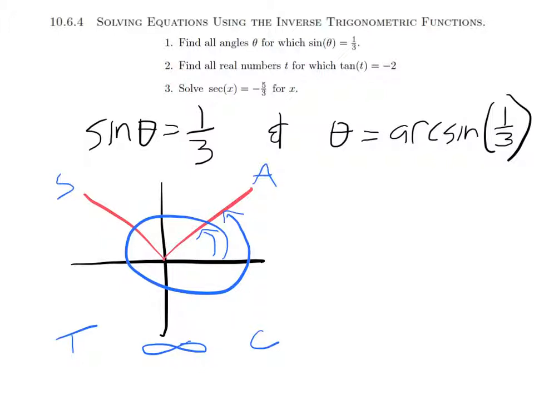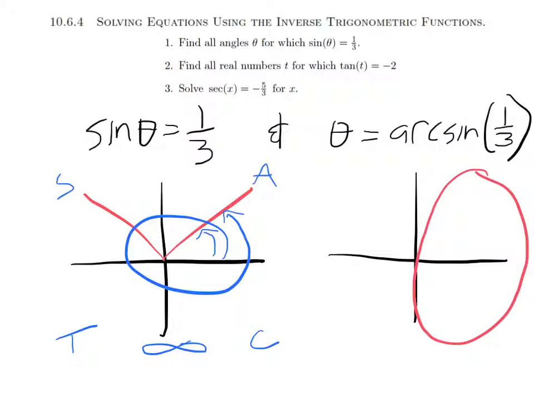For arc sine, the only answers are going to be quadrant 1 or quadrant -1, and when you have a positive 1/3, it's somewhere in quadrant 1. So we have a problem. We're trying to find an infinite number of solutions, but our calculator only gives us one answer. So what we have to do, let me demonstrate.